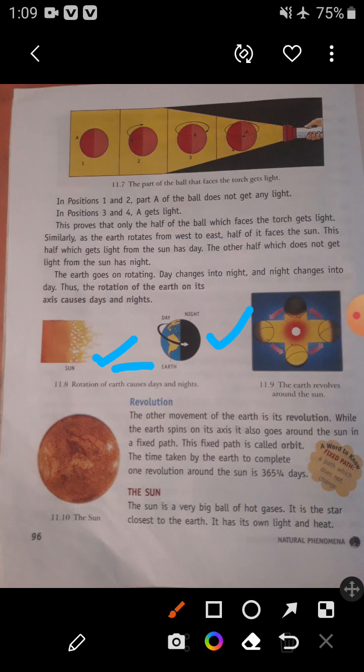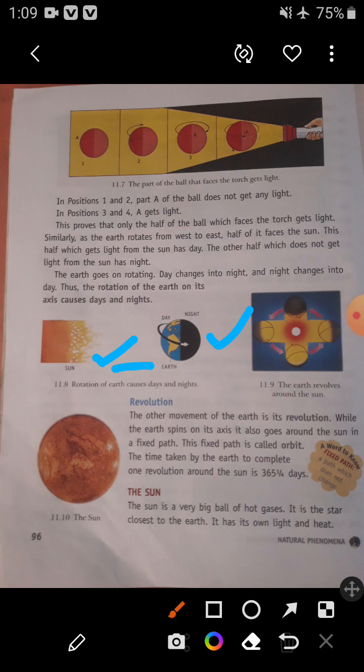Students, here is a word to know: fixed path, a path which does not change. It means the Earth spins on its axis and it also goes around the sun in a fixed path. Okay, is that clear to you all? And this fixed path is called its orbit. Now students, this was about rotation and revolution.